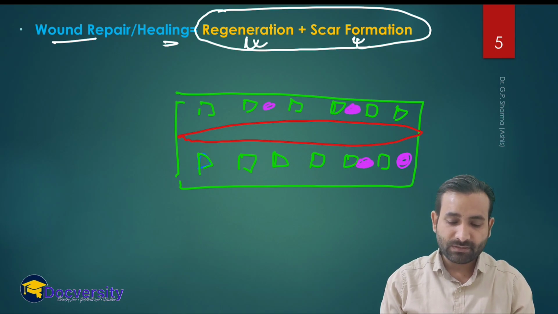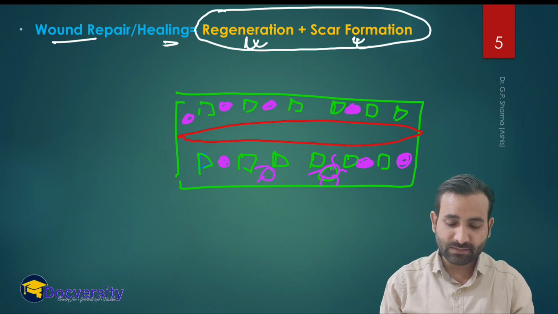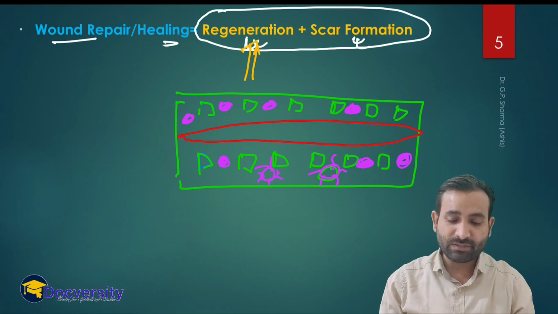Is that okay? And I do also have some fibroblasts. So during the wound healing, 2 processes take place over here: one, regeneration occurs, and another, scar formation occurs, right?